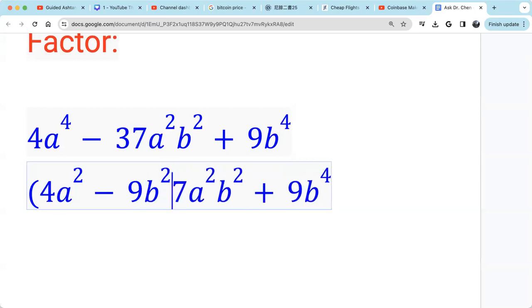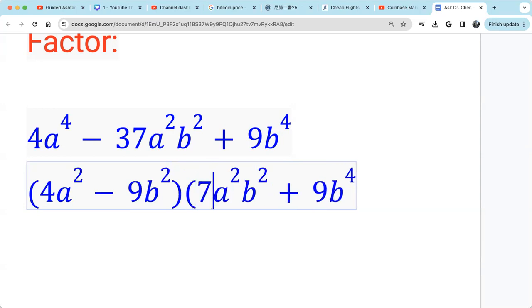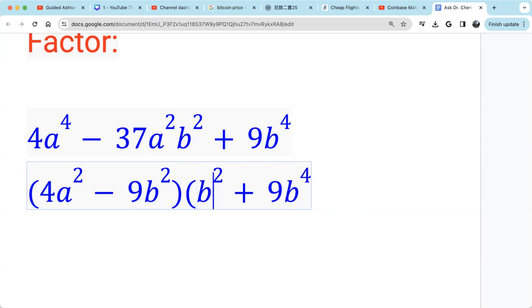Multiplying by a squared, because 4a squared times a squared is a to the 4th.